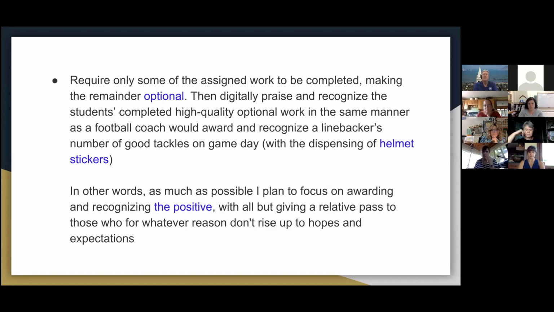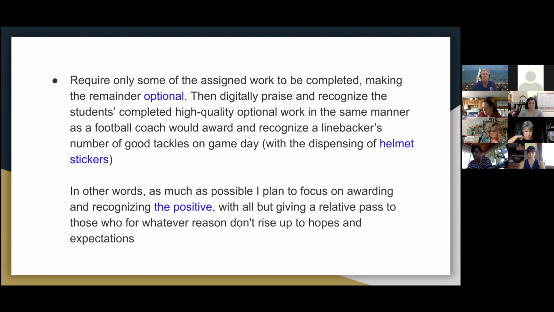I'm only requiring some of the assigned work to be completed, making much of my work optional, and then digitally praising and recognizing the students who've completed high quality optional work in the same manner that a football coach might recognize one of his players for outstanding game day kind of play. In other words, helmet stickers. So digital helmet stickers, all expressing different degrees of accomplishment.